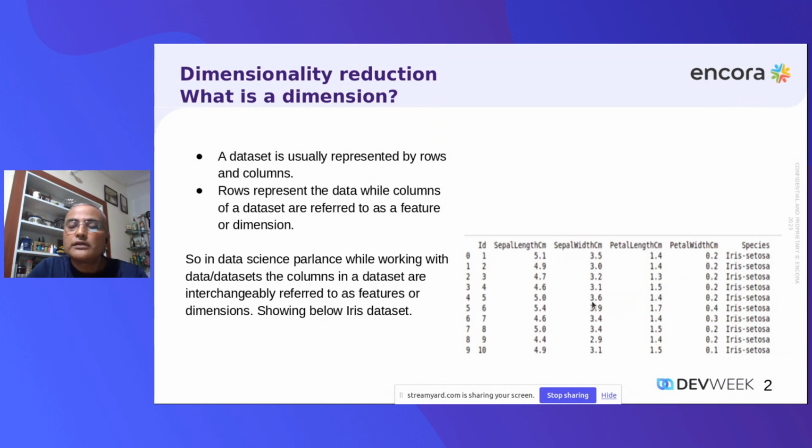These are various different columns, and these are interchangeably referred to as features or dimensions. A data set which has large features or dimensions would pose a lot of challenges in coming out with and building the right model.